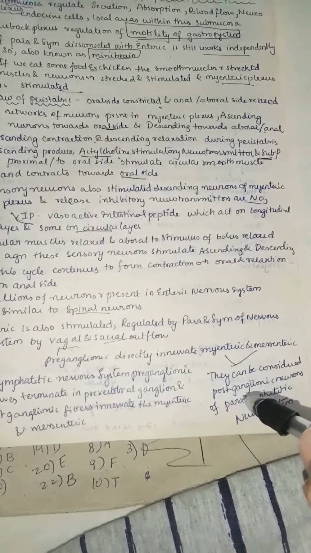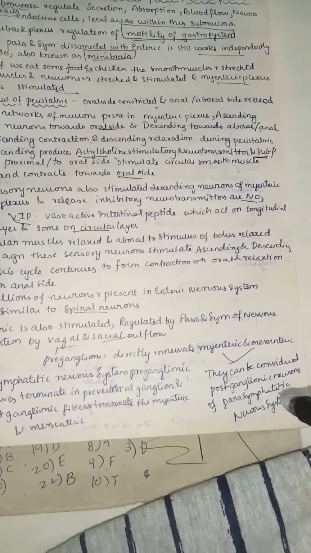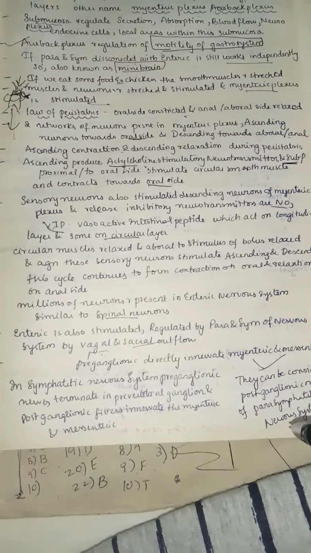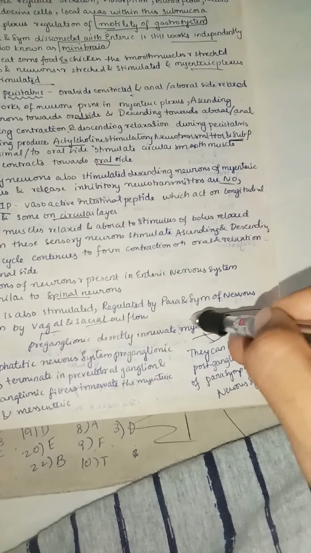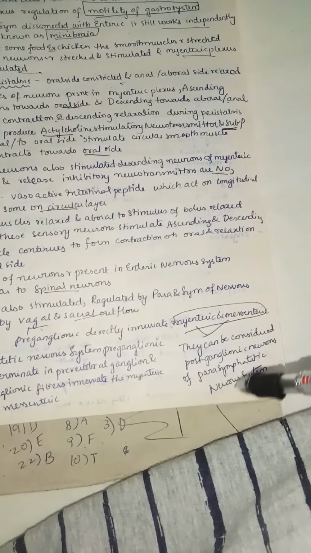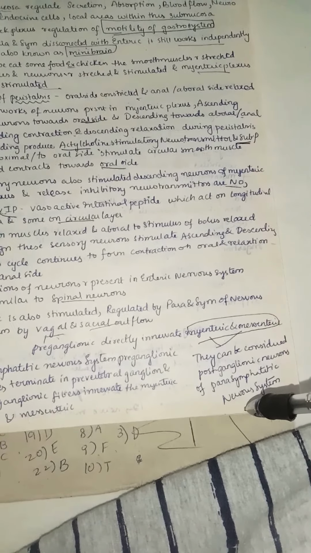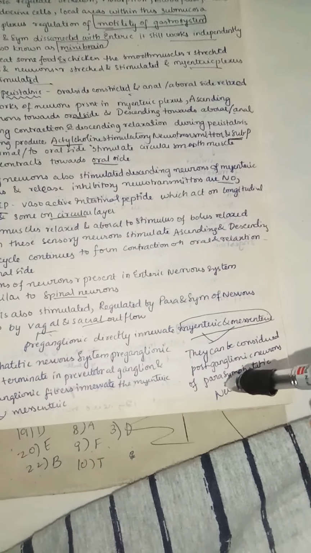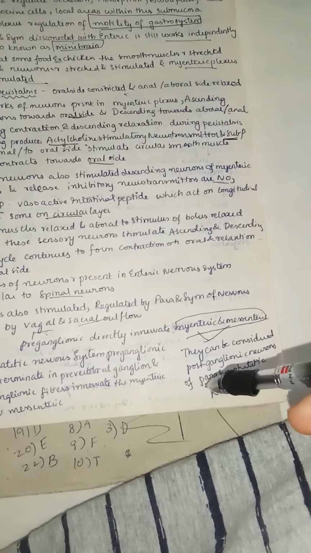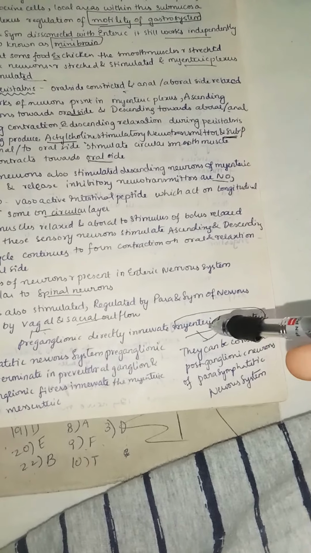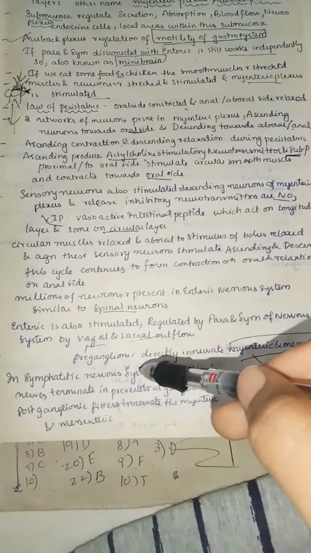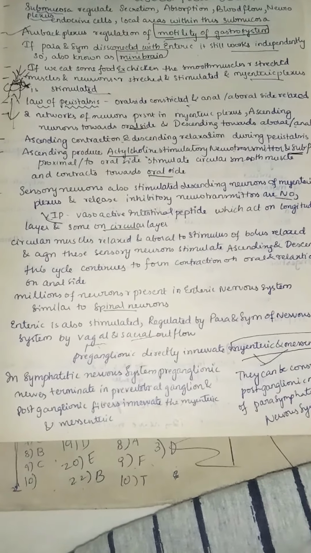So they can be considered the postganglionic neurons of the parasympathetic nervous system. Because the parasympathetic nervous system directly gives its preganglionic fibers to the myenteric and submucosal plexuses, they in turn act as postganglionic neurons. But our sympathetic nervous system is not like that.